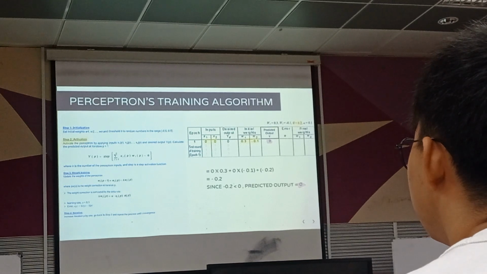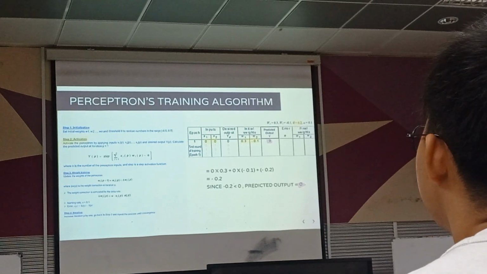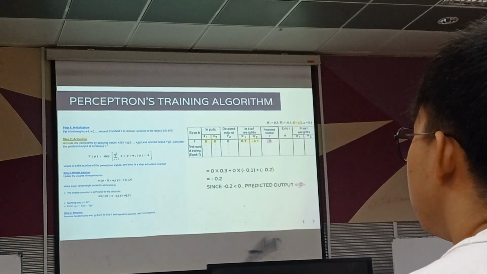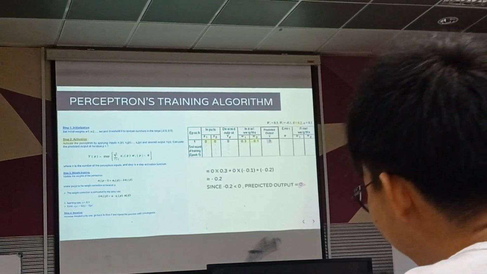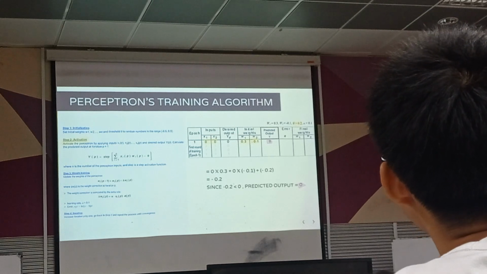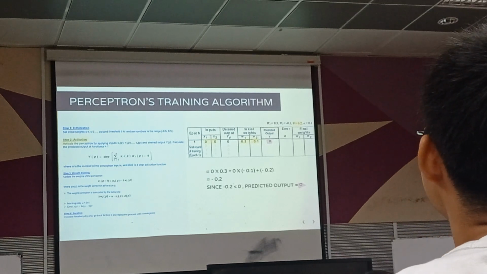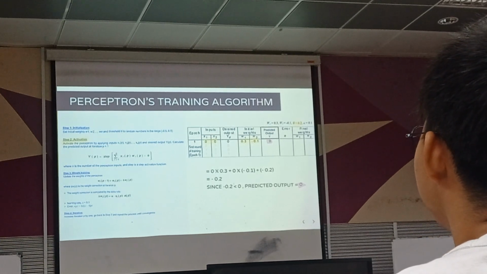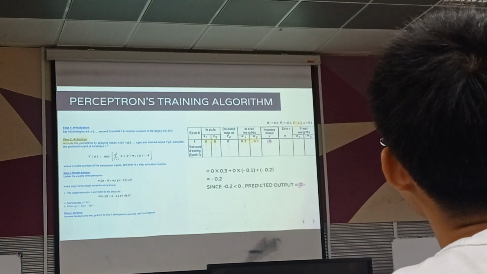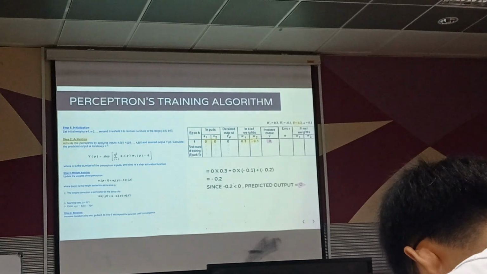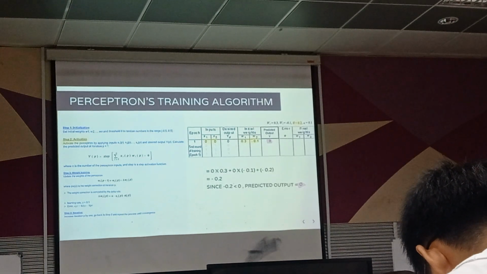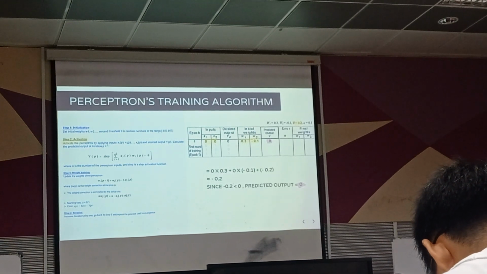No? 0 is less than 0.2. Yesterday some students said 0 is more than 0.2, very confident though. 0 is less than 0.2. If 0 is less than 0.2, the predicted output is 0. So you get predicted output 0.